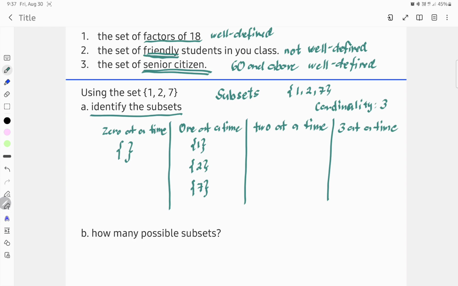When it comes to 2 at a time, we pair them, but they should be distinct. The first one is 1, 2. Another is 1, 7. And the other one is 2, 7. And lastly, 3 at a time, we can put all the elements, which are 1, 2, and 7.